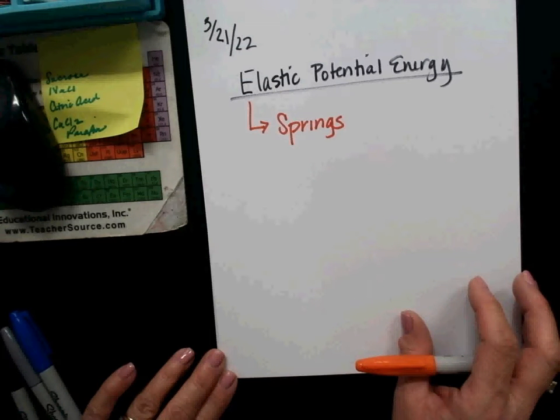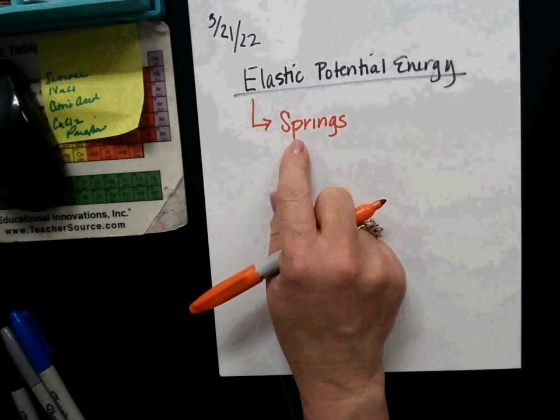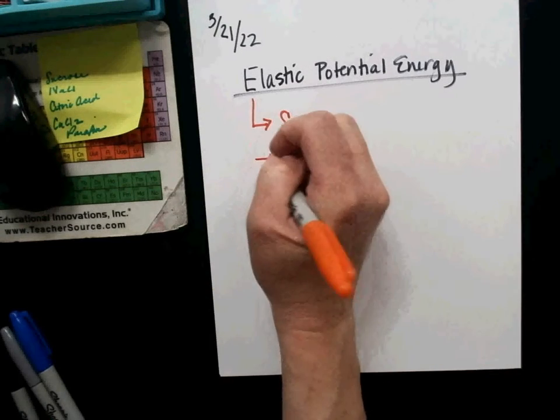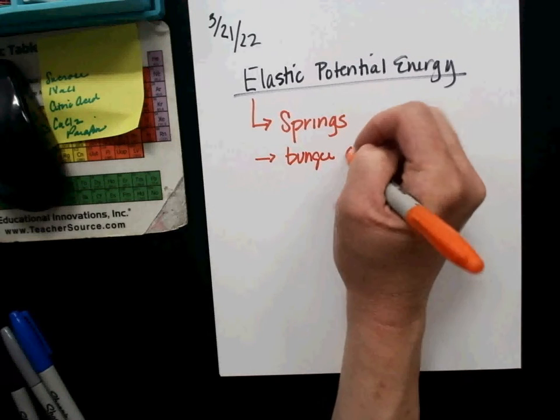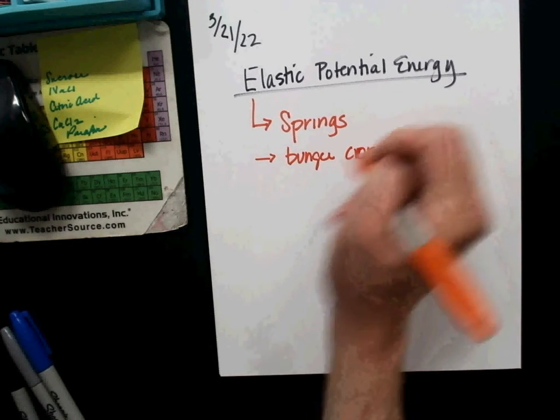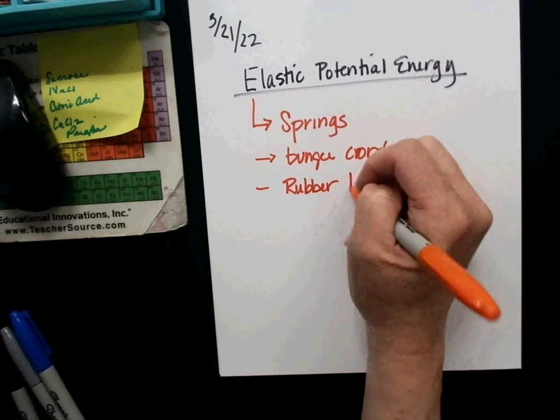Okay, so when we're talking about elastic potential energy, we're talking about things like springs, bungee cords, a rubber band. Those are a few simple examples.